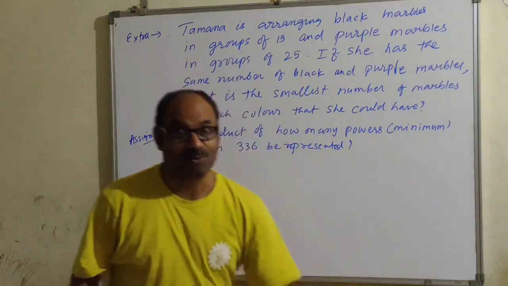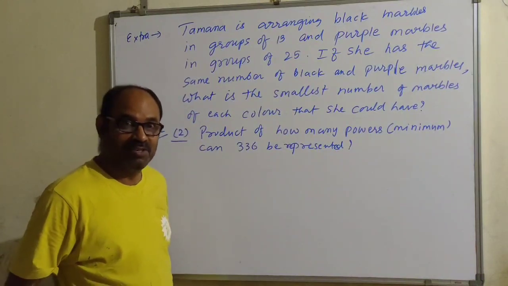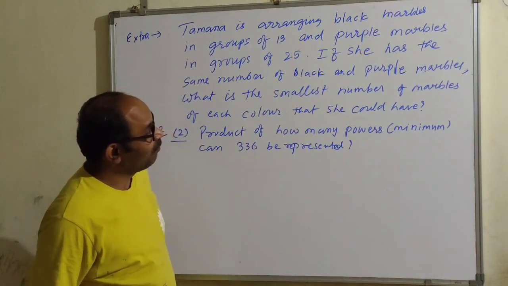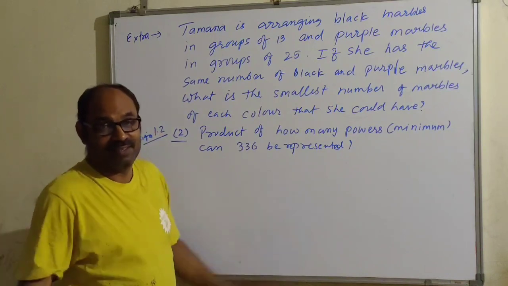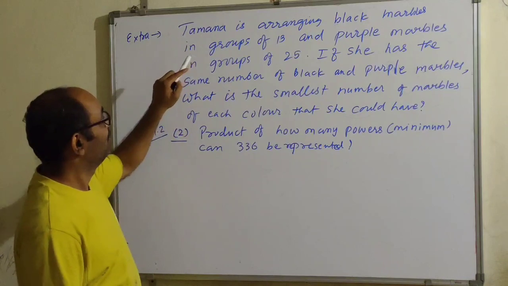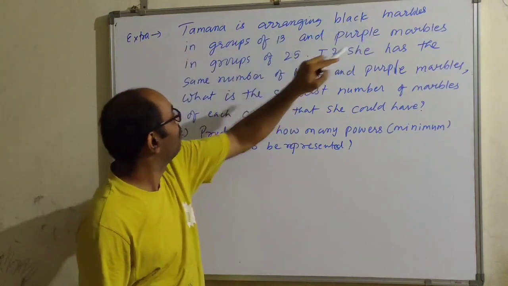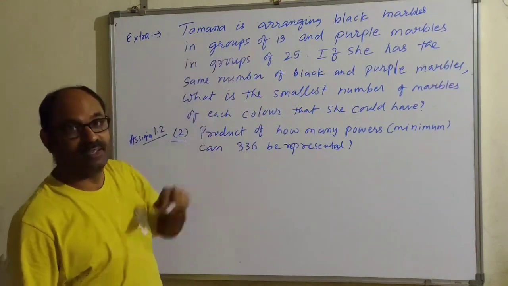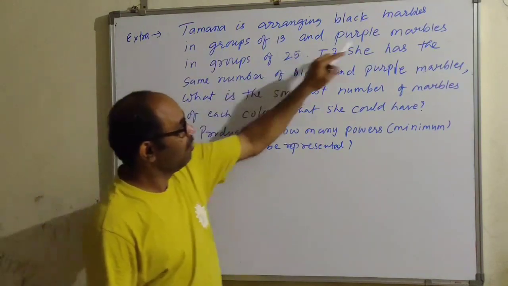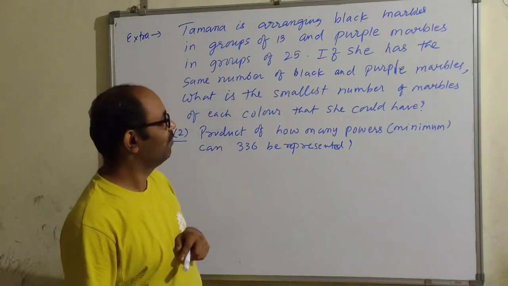Okay, children, few more. One of the students had sent me the question, so I'll solve it for him as well as others can take advantage of that. Let's read. Tamanna is arranging black marbles in groups of 13 and purple marbles in groups of 25.